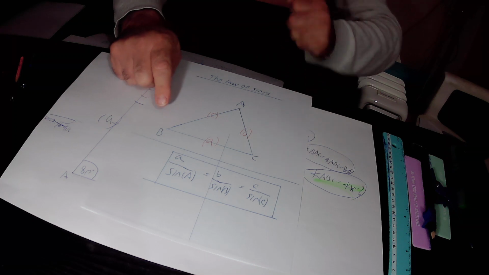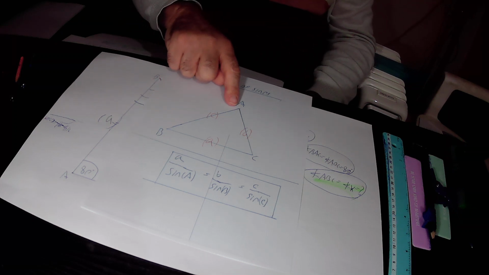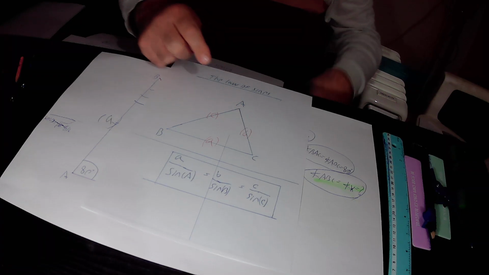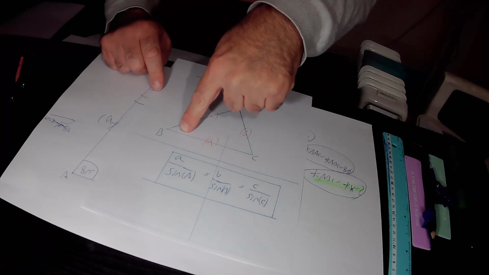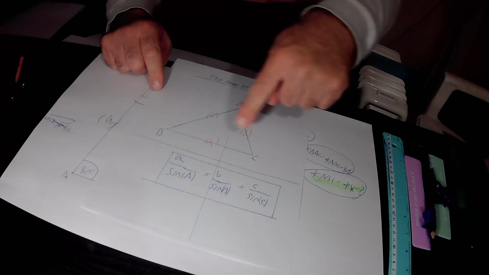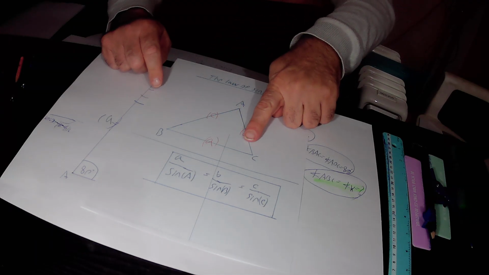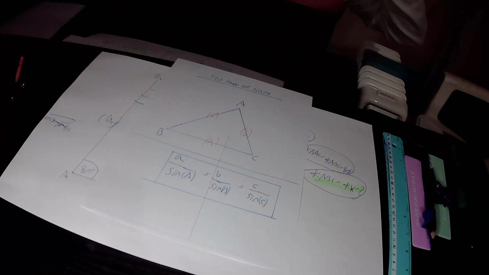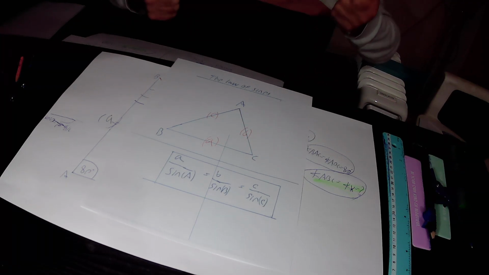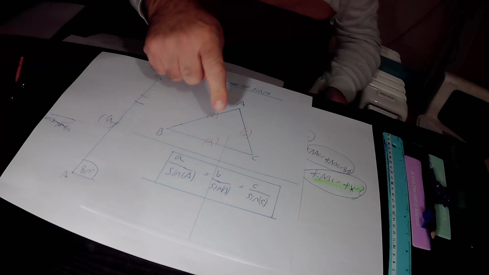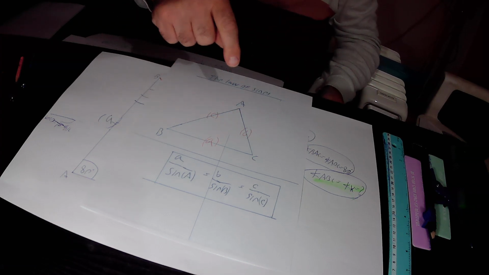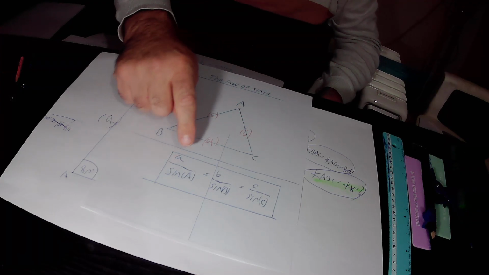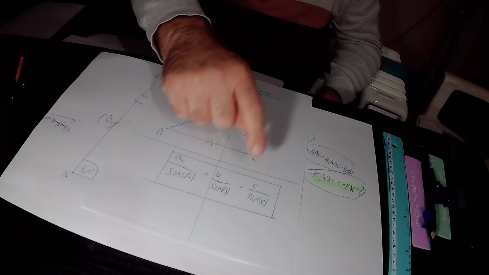Likewise, angle BAC equals capital A degrees, angle ABC equals capital B degrees, and angle ACB equals capital C degrees. According to the law of sines, the following equation is true: a over sin A equals b over sin B equals c over sin C.